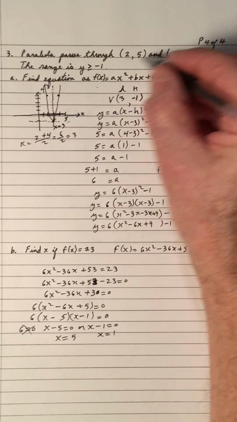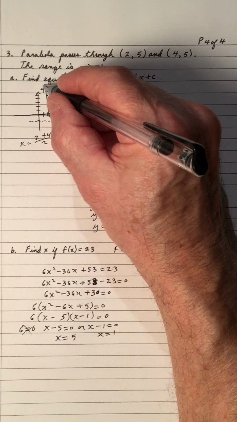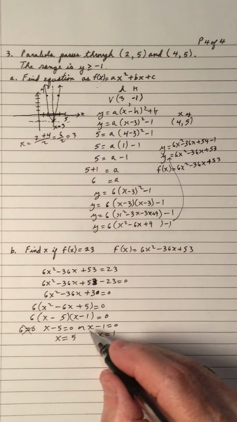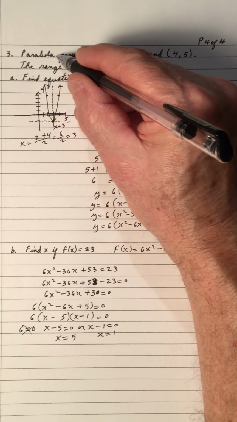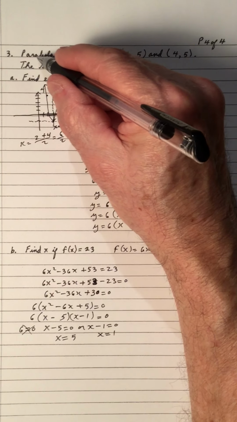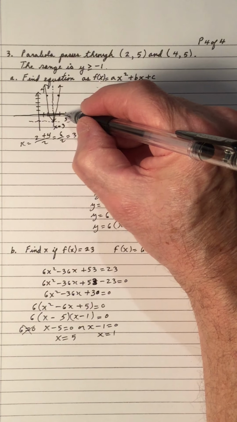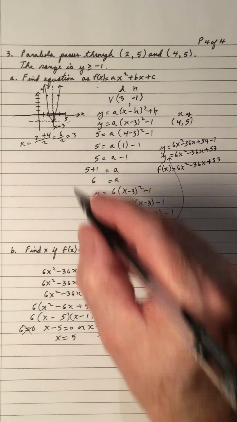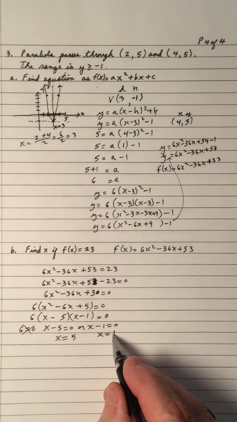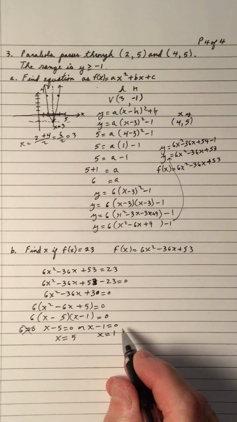There's the 2 points that we had to draw on the graph. And the parabola keeps going. So when 23 is way up here, there's 2 values across here. Those are the 2 values of x, which are 5 and 1. I looked at it and see 5 and 1.